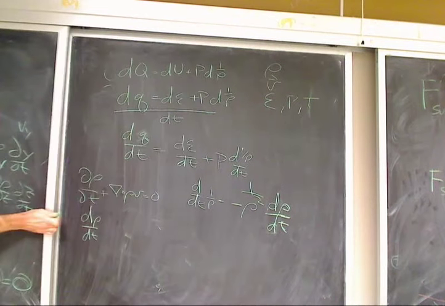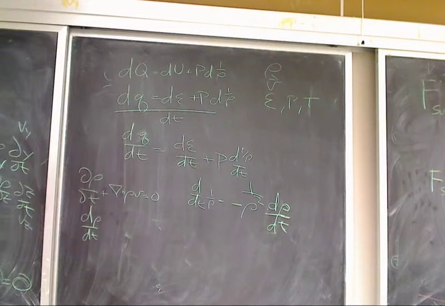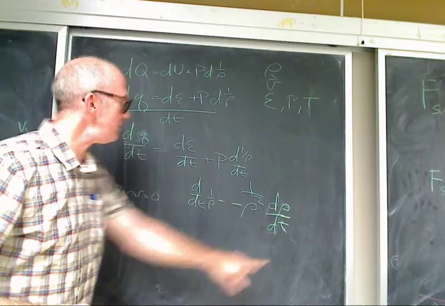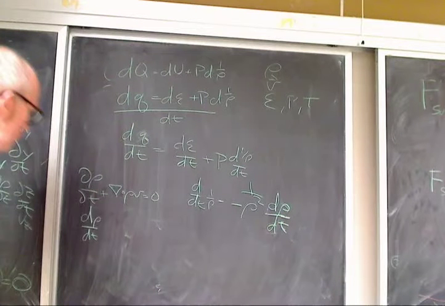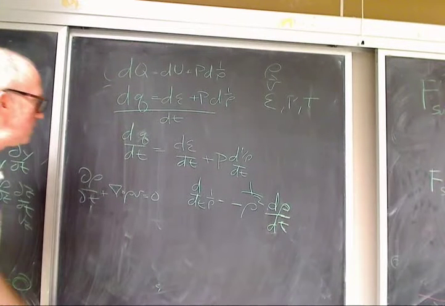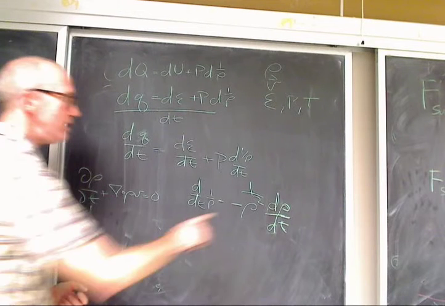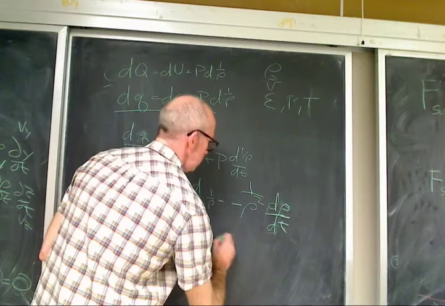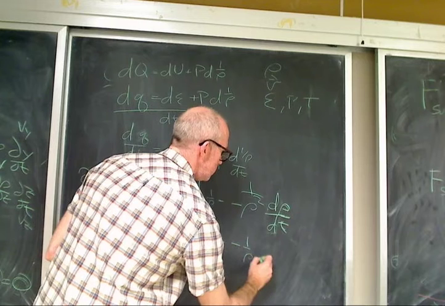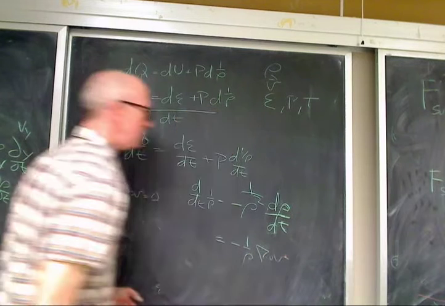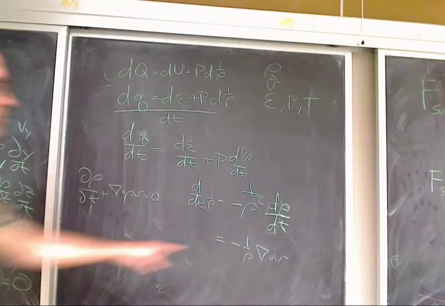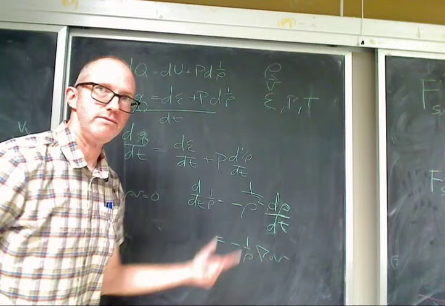What were we doing? We were doing the internal energy, and we needed d rho dt, and we got it. So now this equals minus 1 over rho div v, because d rho dt is just rho div v.